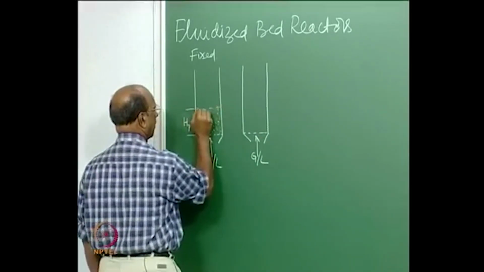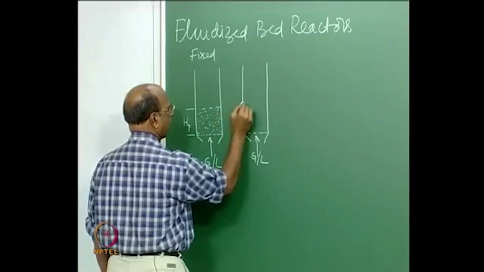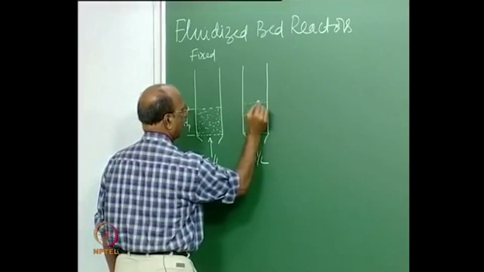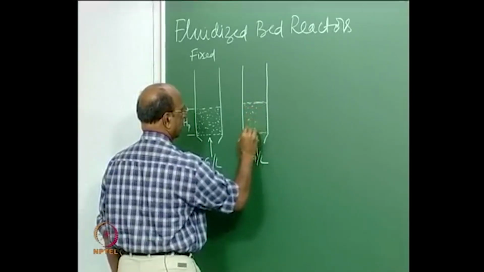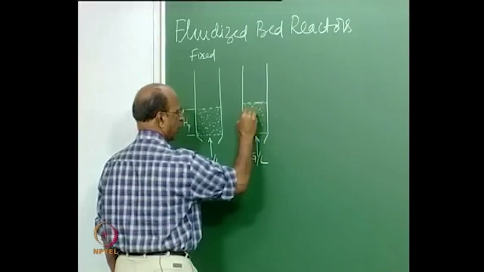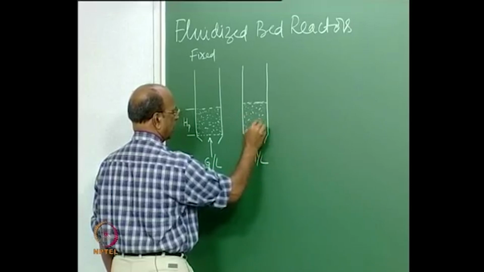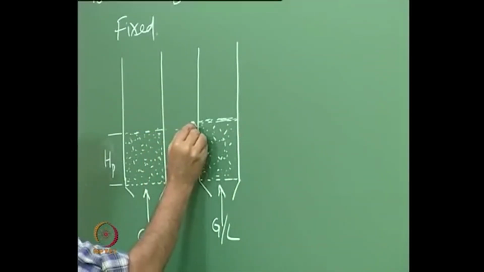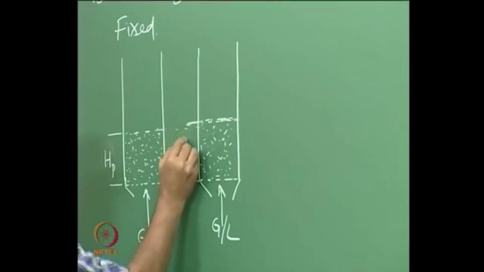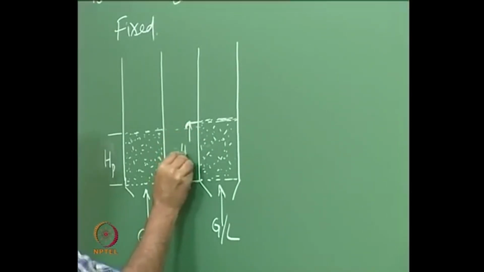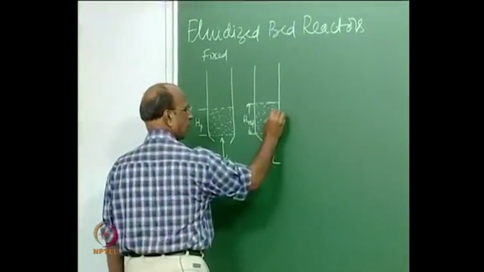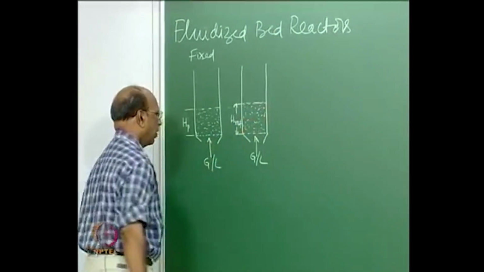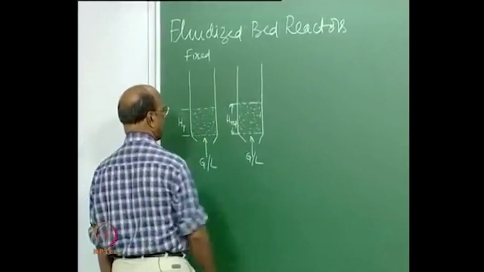When you have this is the height, still you have the particles very close, just see here, just a little bit more height, this is HMF, height at minimum fluidization velocity. Okay, good. So, this is okay.